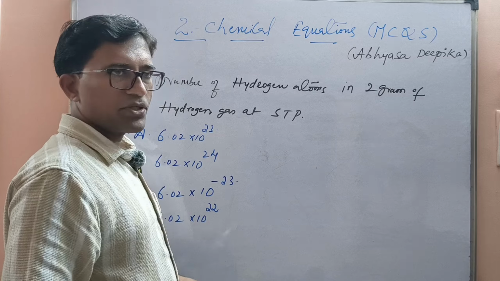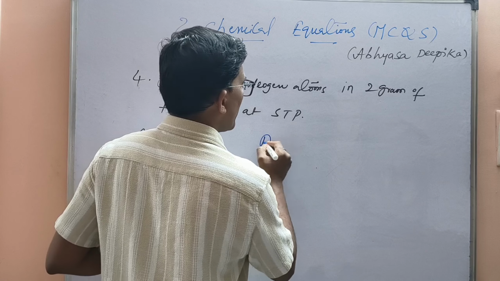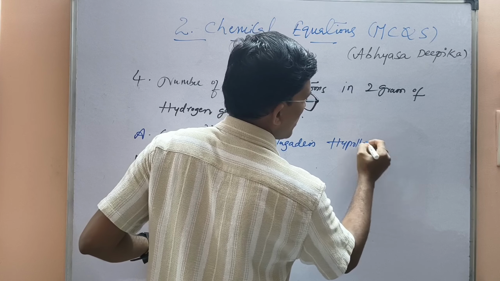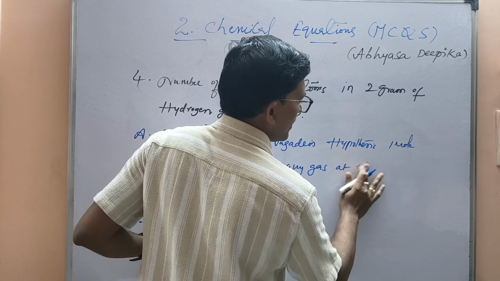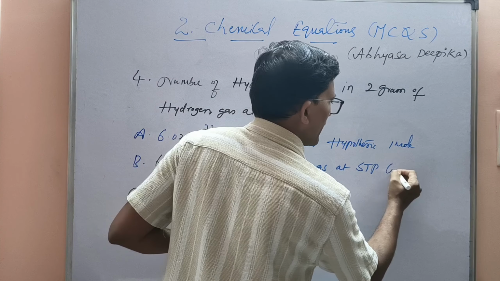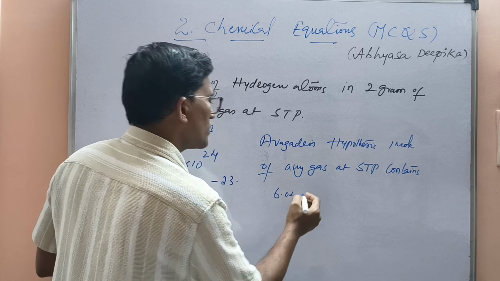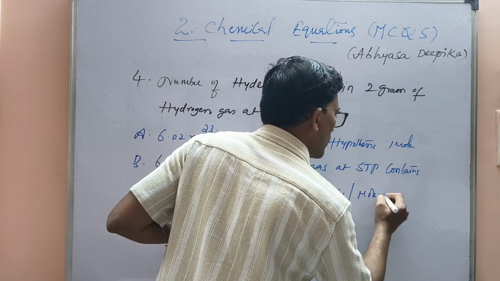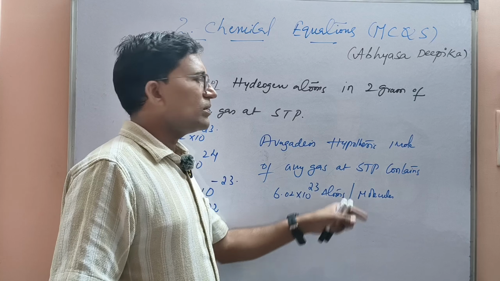According to Avogadro's hypothesis, 1 mole of any gas at STP contains 6.02 into 10 to the power of 23 atoms or molecules.